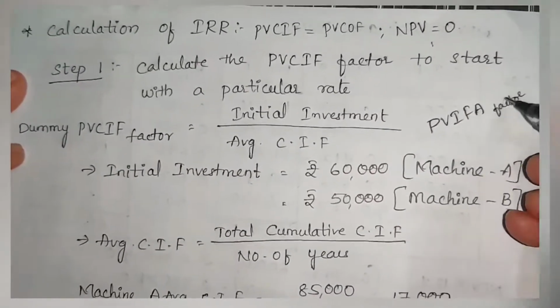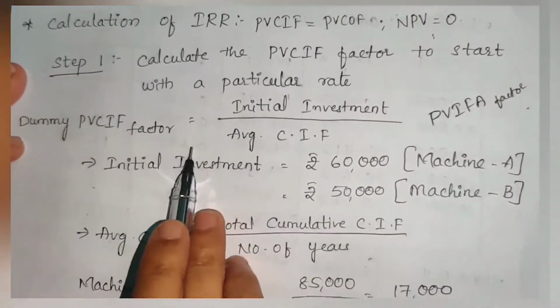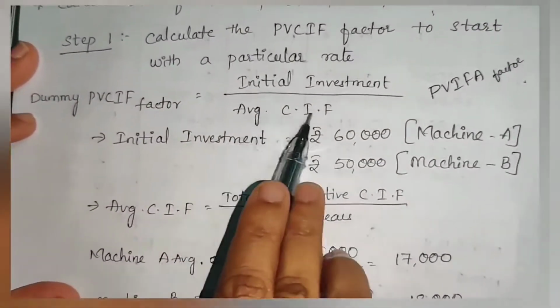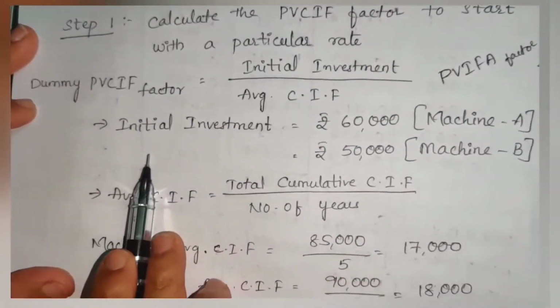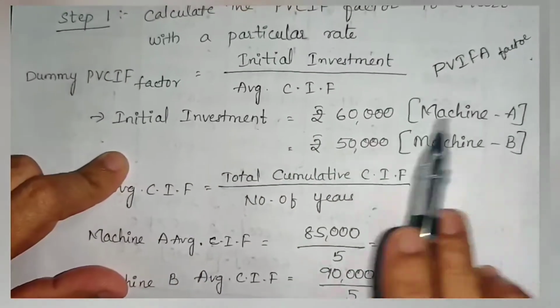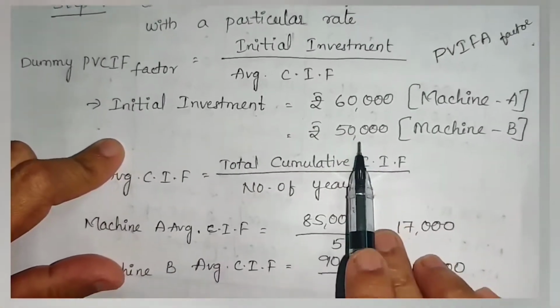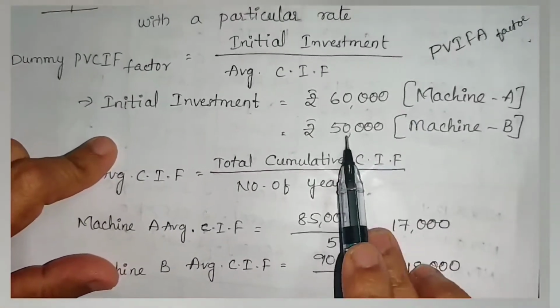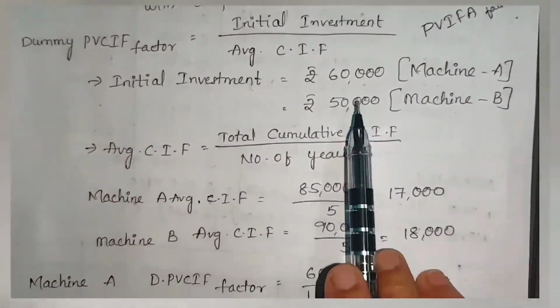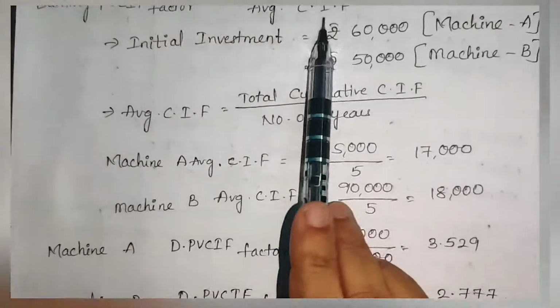That is equal to initial investment divided by average cash inflows. As we have already seen in the problem, initial investment for machine A is 60,000 and machine B is 50,000. Then comes average cash inflows.